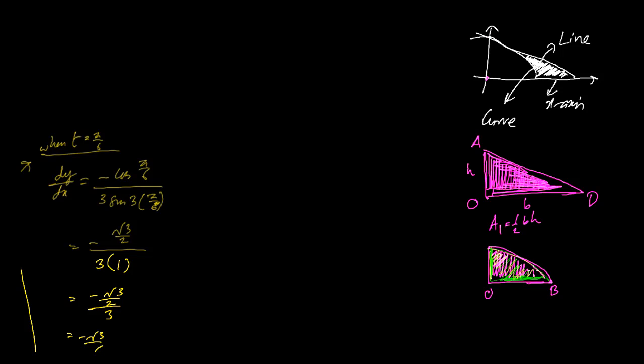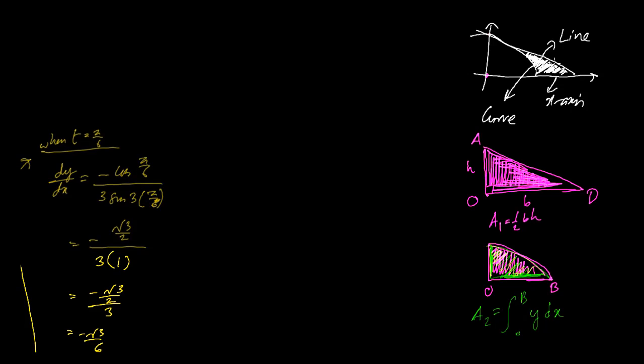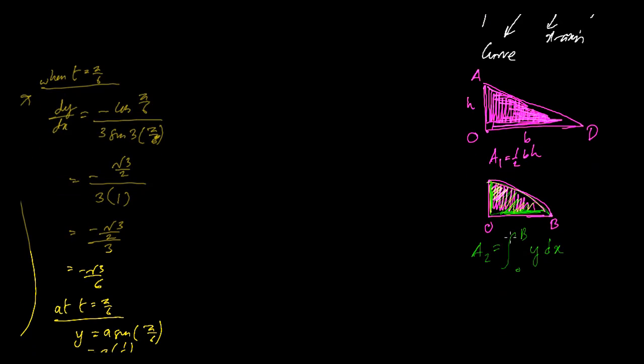So we can write area 2 equals the integral from O to D of y dx. After finding both areas, the region we want is the larger area minus the smaller area. That's how we can do the sum.